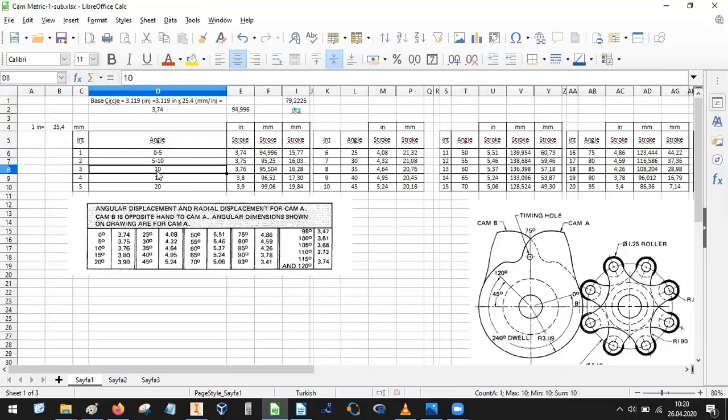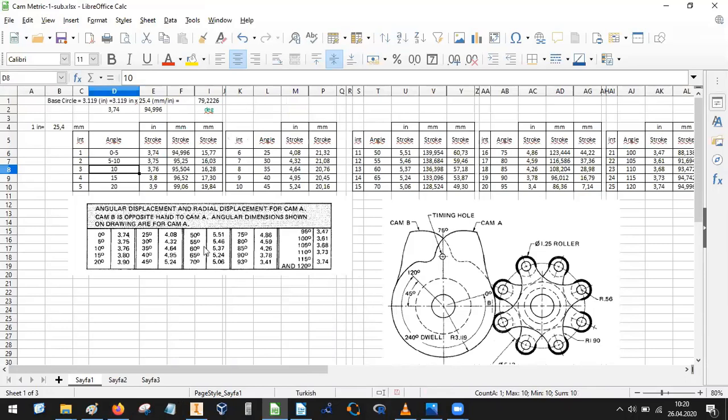Also, the third one, the fourth one, and the fifth one. We have, in our table, 25 intervals: 0, 5, 10, 15, 20, 25, 30, 35, 40, 45, and so on.